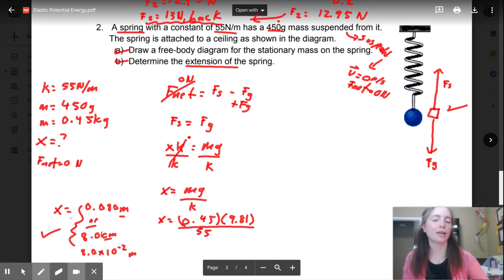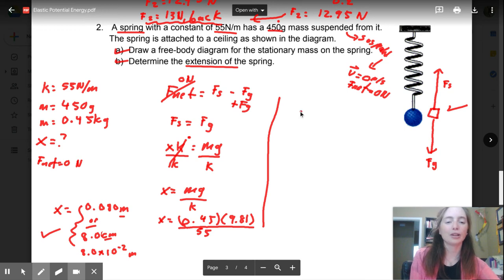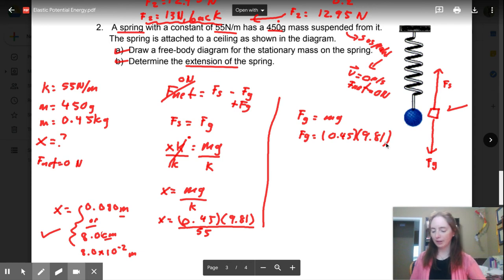Okay, and just because we can, I will show you the method for solving with 2 different equations. So for this one, you would first calculate your FG to be mg, and you would then calculate FG with your 0.45, and you would multiply that by 9.81. And this one, I actually didn't do this method in advance, so I'm going to have to grab my calculator, handy dandy calculator.